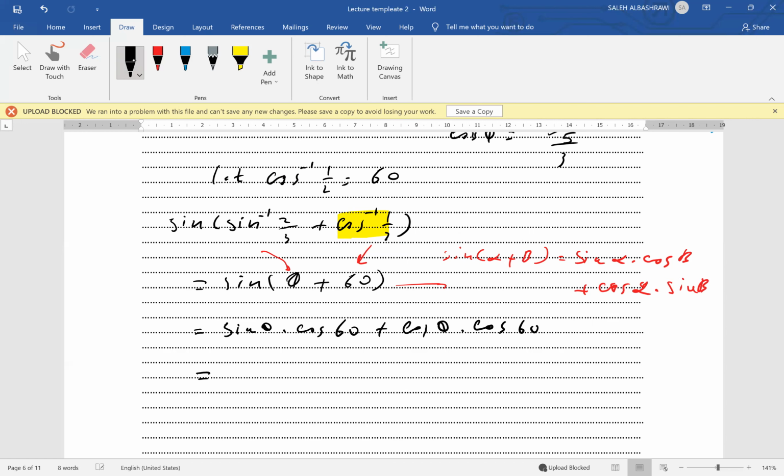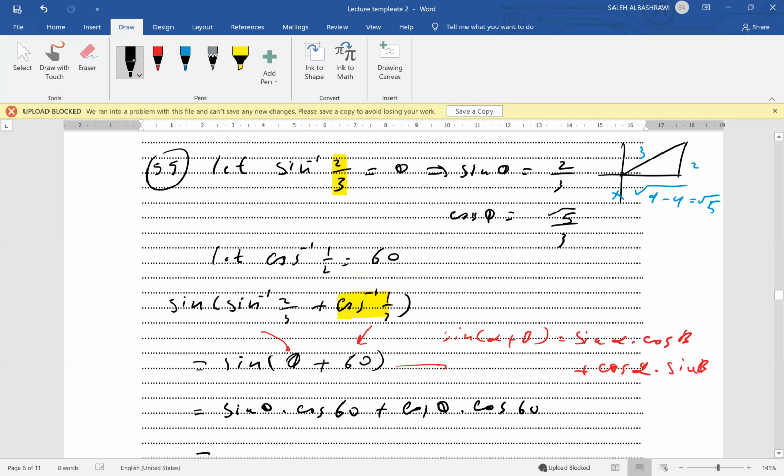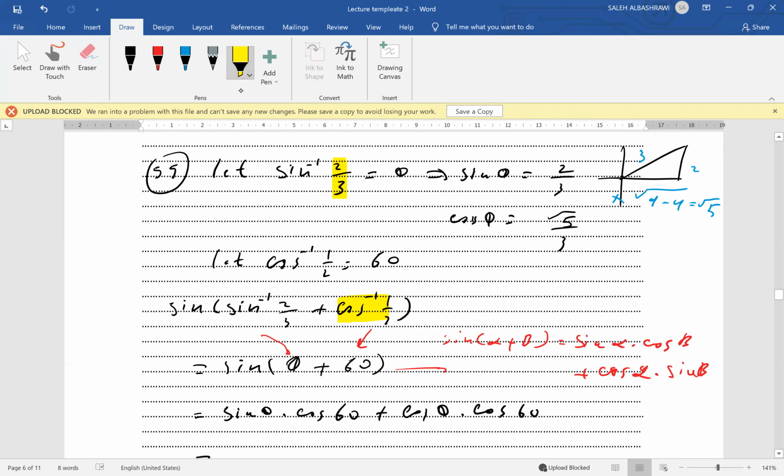Now we have sine theta given there. It is 2 over 3.